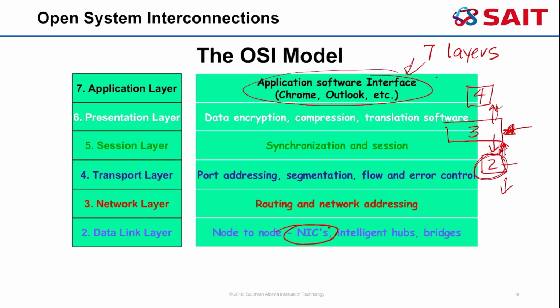If you were to go from your local area layer to your wide area network layer, that would mean you'd have to involve layer 3, and you'd have to bring in an IP address to communicate outside of your LAN.